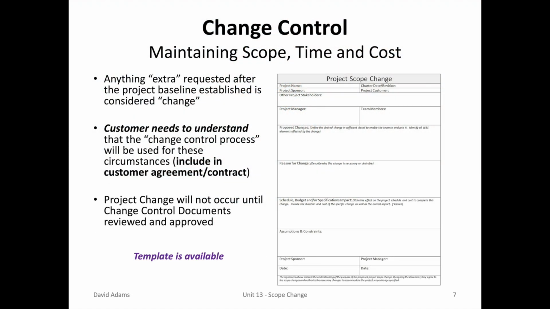As stated before, you need to get the customer to agree up front before the project starts. Anything extra requested after the project baseline is established is considered change. The project scope change template looks similar to the project charter. You list the proposed changes, the reason for change, and the impact to schedule, budget, or the specifications.